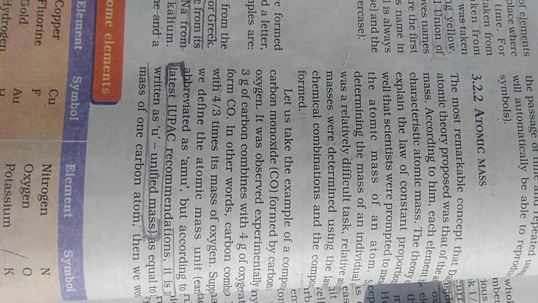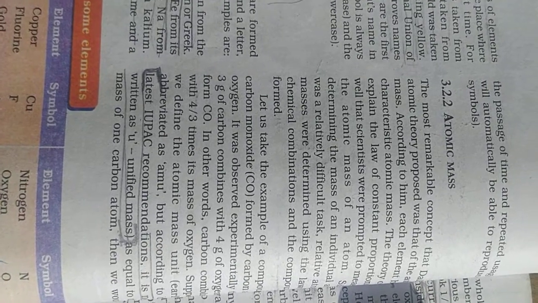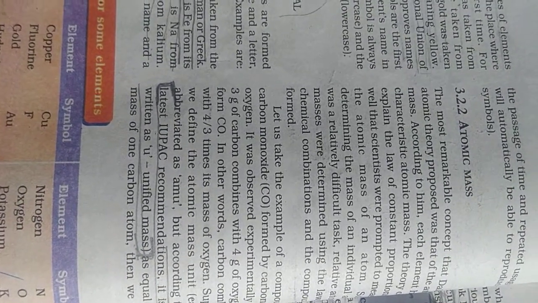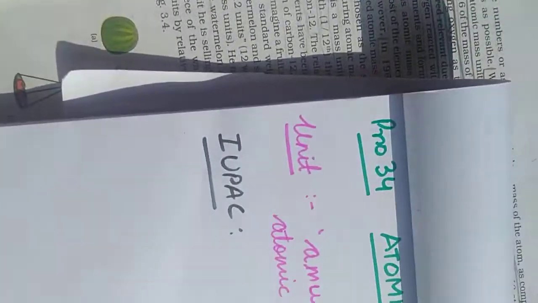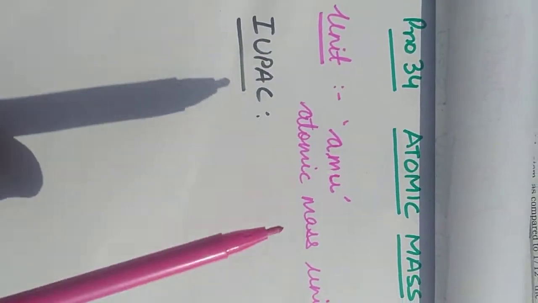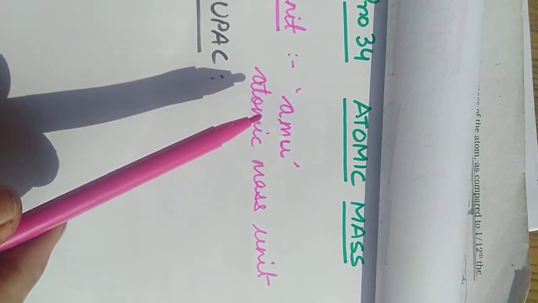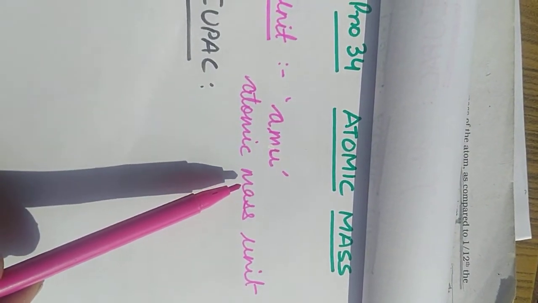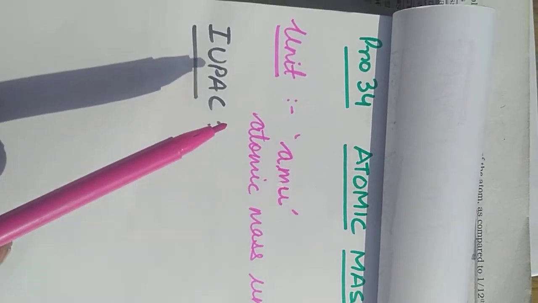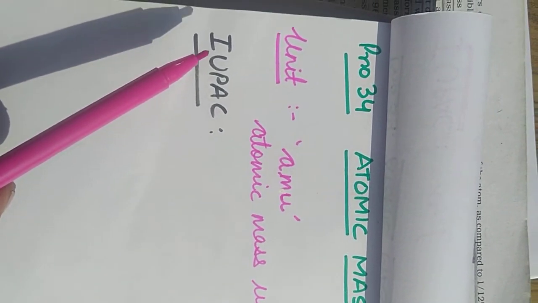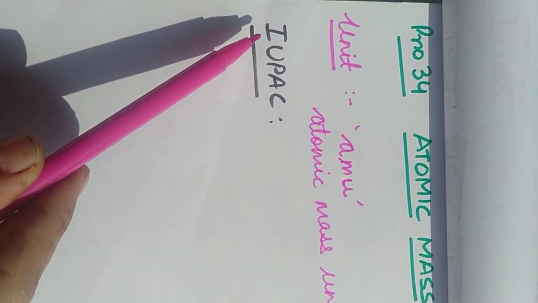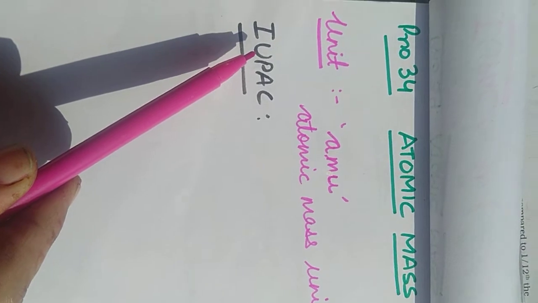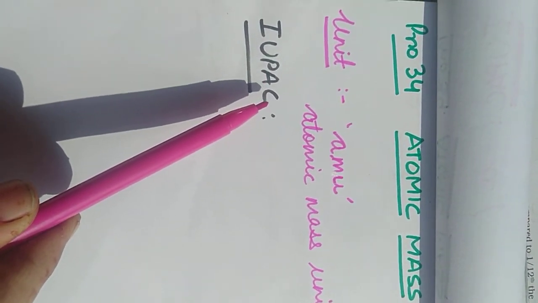Atomic mass. As the name indicates, atomic mass means mass of an atom, right? And the unit which was earlier used for atomic mass was AMU, that is atomic mass unit. But later on, according to IUPAC, if you remember, I had told in my previous lecture, International Union of Pure and Applied Chemistry.